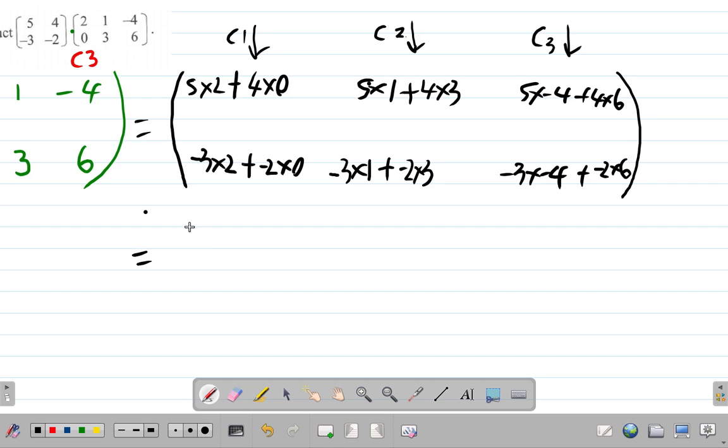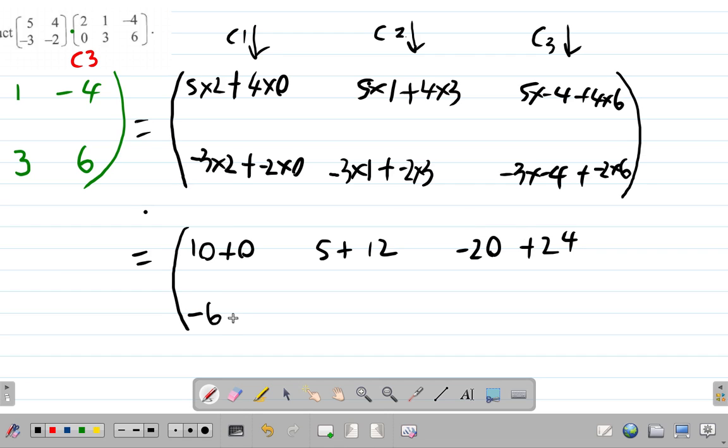Then what you have is 5 by 2 is 10 plus 4 by 0 is 0. 5 by 1 is 5 plus 4 by 3 is 12. 5 by negative 4, negative 20, plus 4 by 6, 24. Negative 3 by 2, negative 6, plus negative 2 by 0 is 0.